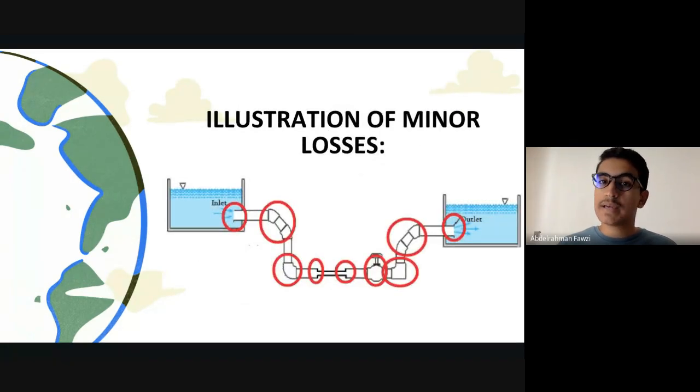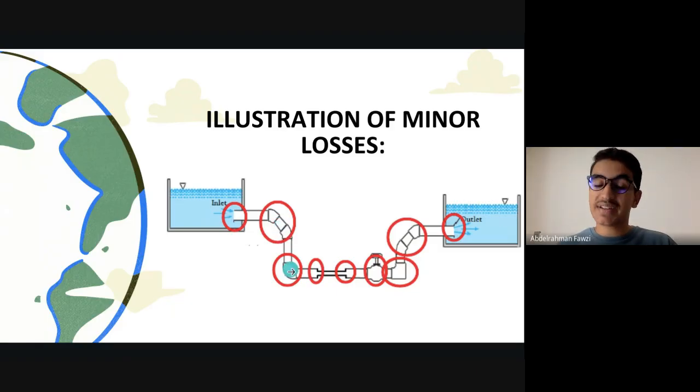And here are some examples where minor losses happen. For example, here we have a contraction. It was a pretty big surface, and now, as you can see, we move to a tighter surface, so we have a contraction. Moving to some directional changes in this area, we're going to have minor loss as well.